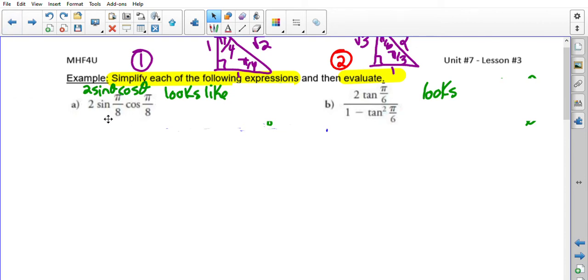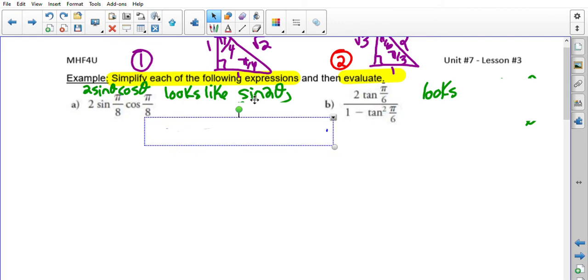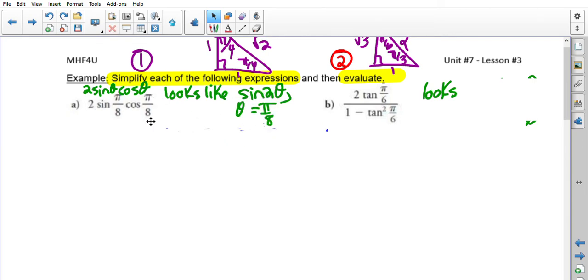Right away you should be saying, this looks like 2 sine theta cos theta. Remember to look back to the new formulas we just got. 2 sine theta cos theta is just another way of saying sine 2 theta. But in this case, the theta is pi over 8.